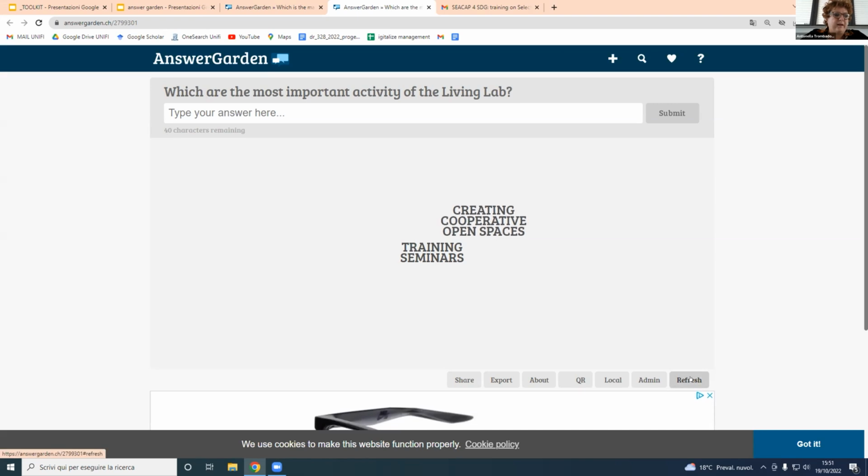So, of course, our living space is an open space for the researcher, for the student, but some idea about innovative activity, just to explore this opportunity with you.